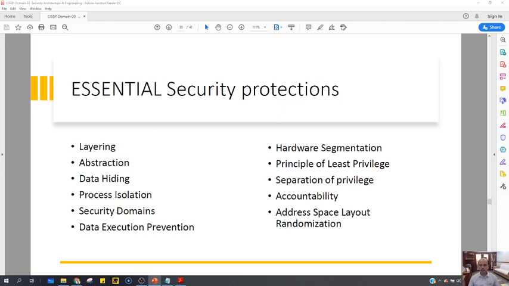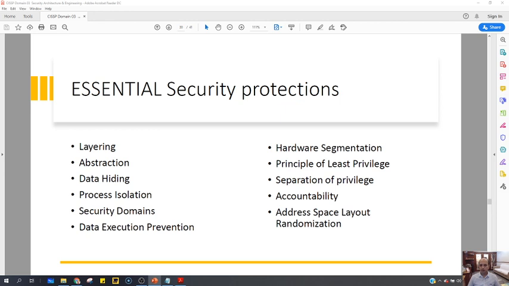So we need to understand these security mechanisms: layering, abstraction, data hiding, process isolation, security domains, hardware segmentation, principle of least privilege, separation of privileges, accountability, right? And with this, 2 more separate mechanisms are also there: data execution prevention and address space layout randomization. Okay, taking all of them one by one.